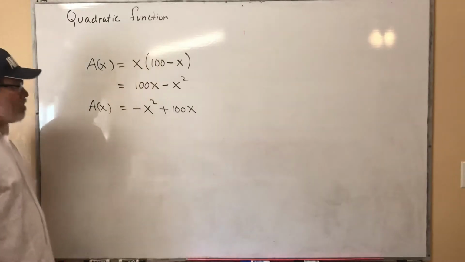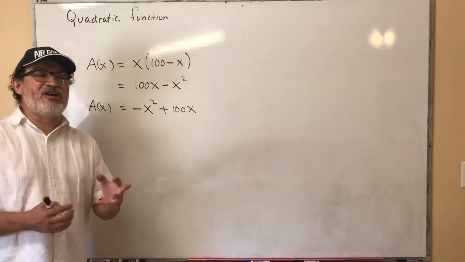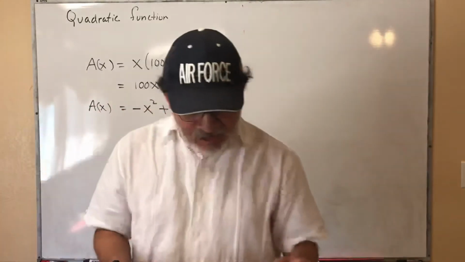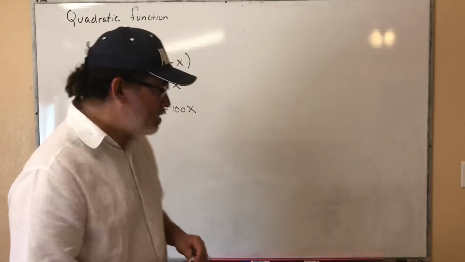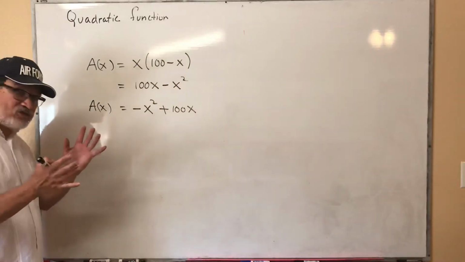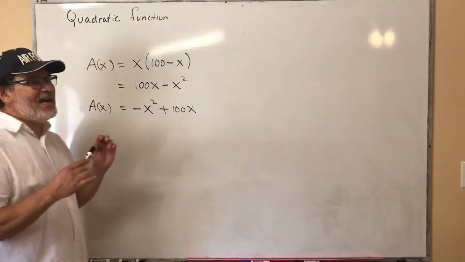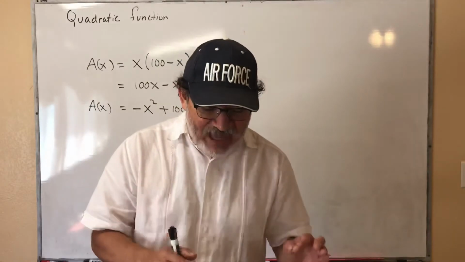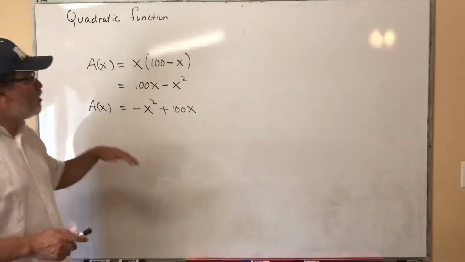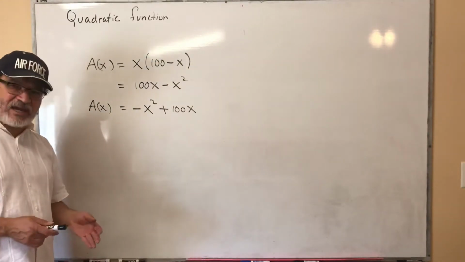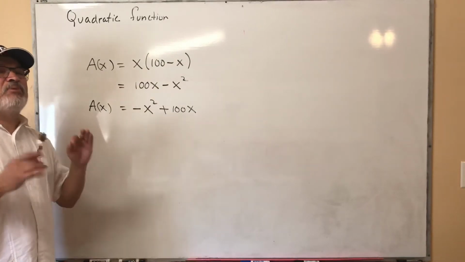And here, x represents the dimension of the enclosed area for the pet. So if you want to find the x values that maximize the area, you need to find the vertex, because the vertex represents, in this case, the maximum point.